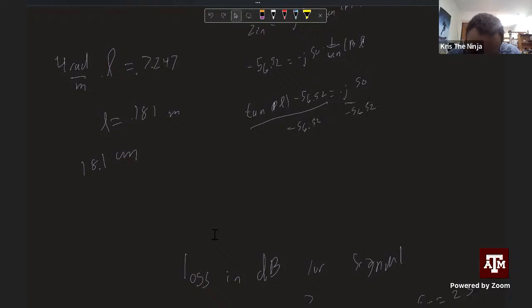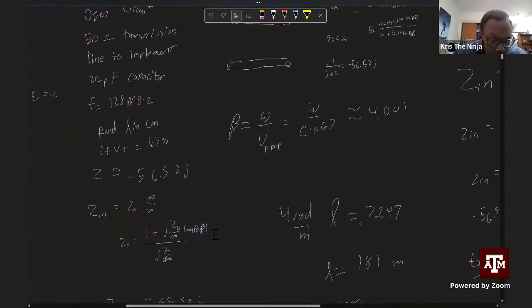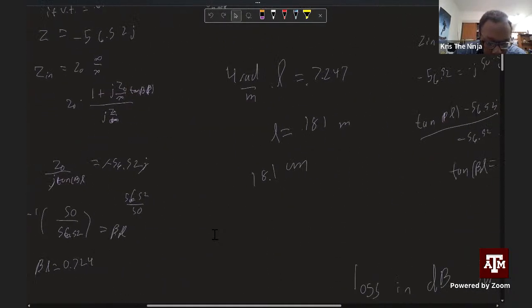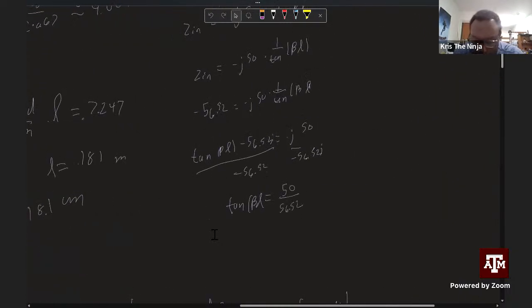That gives you tangent beta L equals, oh, that should be J. And then you do inverse tangent, and that solves all your problems.